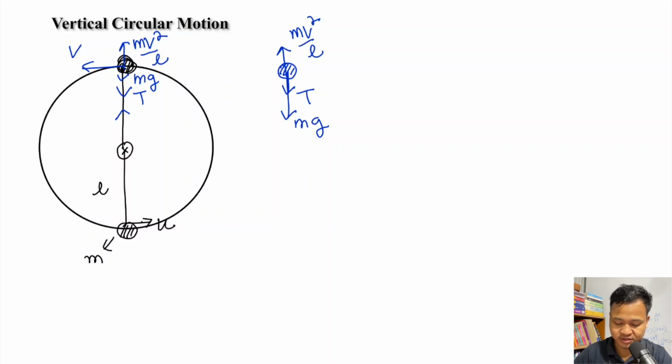Now suppose the tension becomes 0 at some point; the tension provides the centripetal force.